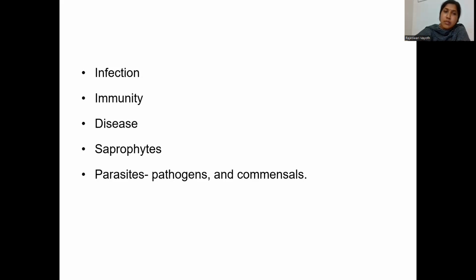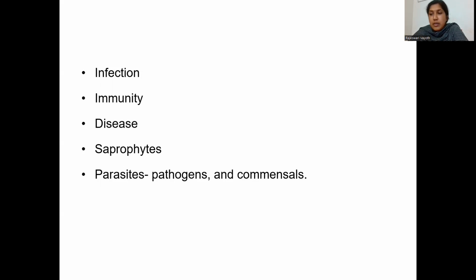Basically, on the basis of the relationship between the microorganism and the host body, microorganisms are divided into two groups. These are saprophytes and parasites. The first is saprophytes. These are the free-living microorganisms that can survive on dead and decaying organic matter. The second one is parasites, which are the microbes that can establish themselves in the host and are able to grow and multiply in the host body.